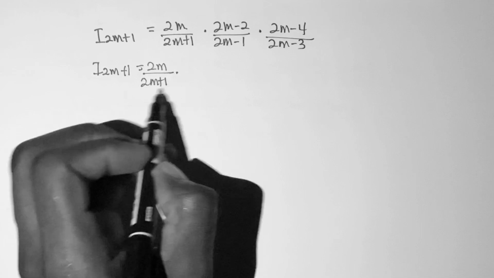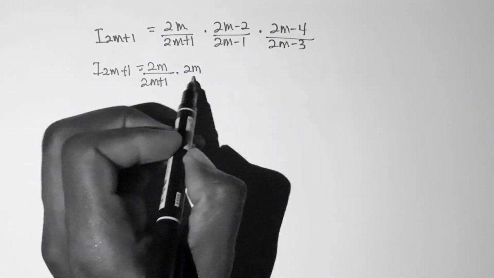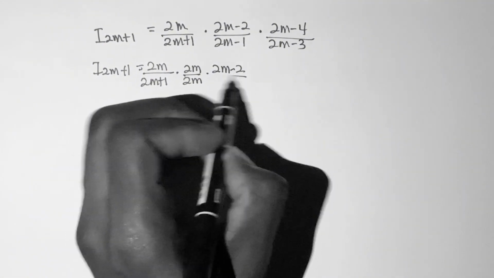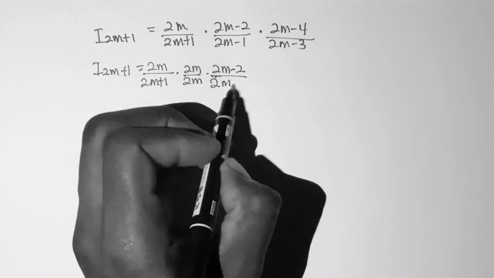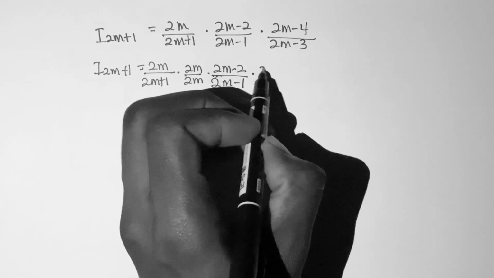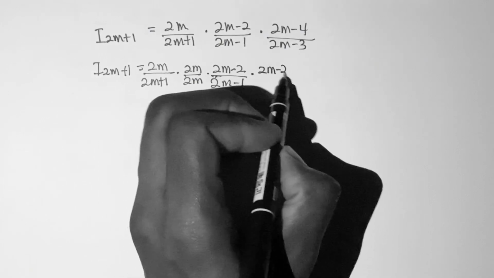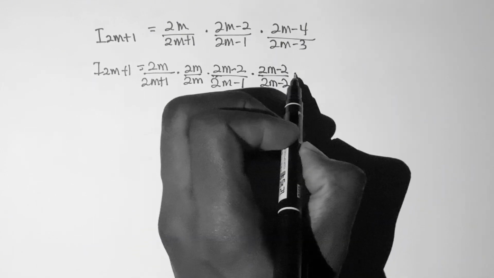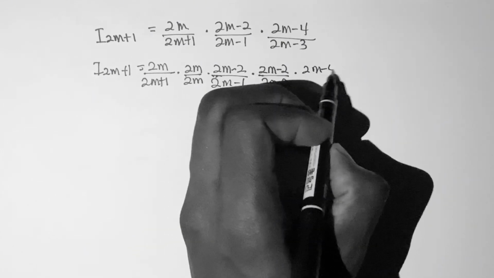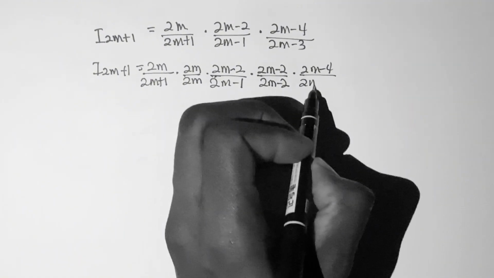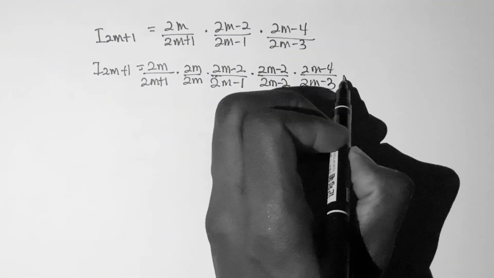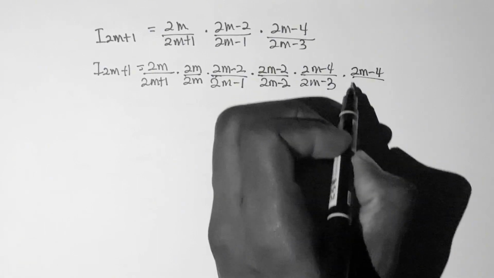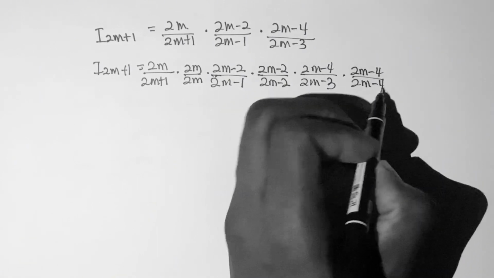So let's continue. I of 2m plus 1 is equal to 2m divided by 2m plus 1. Let's multiply both the numerator and denominator by 2m divided by 2m. Then times 2m minus 2 divided by 2m minus 1 times 2m minus 2 divided by 2m minus 2. Then times 2m minus 4 divided by 2m minus 3. Now let's multiply numerator and denominator by 2m minus 4 divided by 2m minus 4.